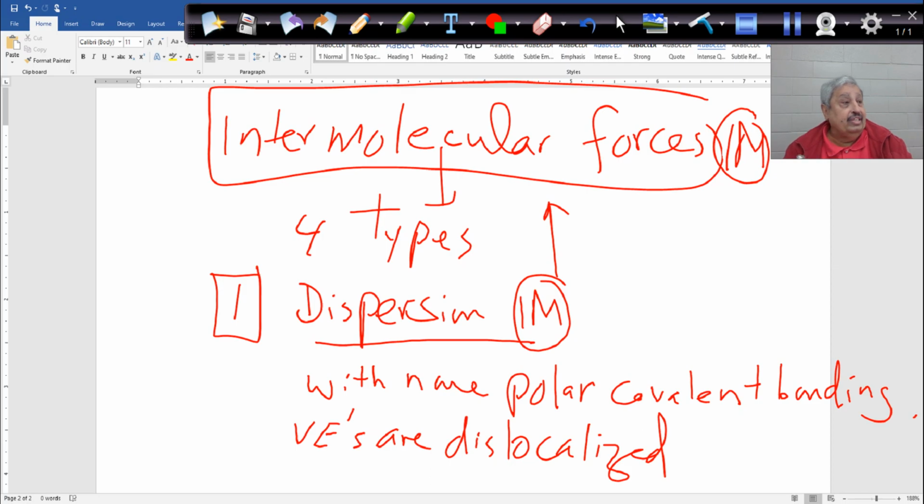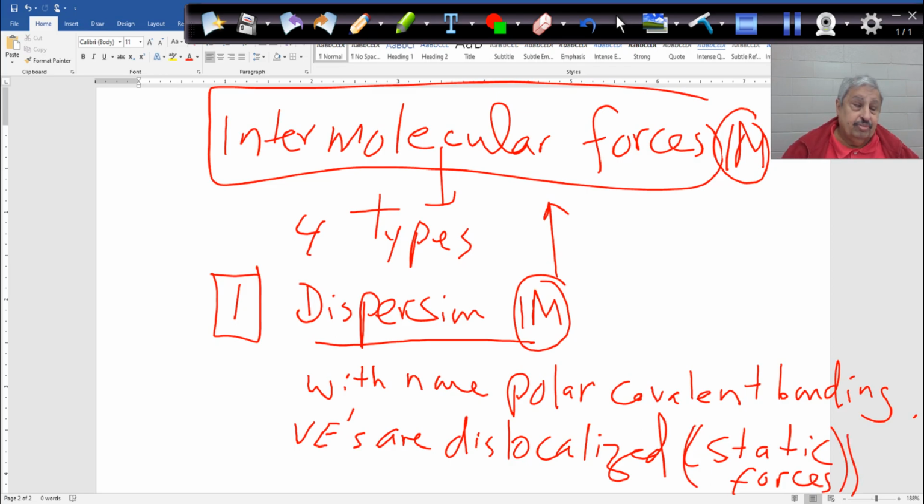One area will be positive because it's losing electrons. One area will be negative because the electrons will come to it. So you get something like static. What we call static forces. So this is called dispersion, intermolecular forces between molecules. Are you following me here?